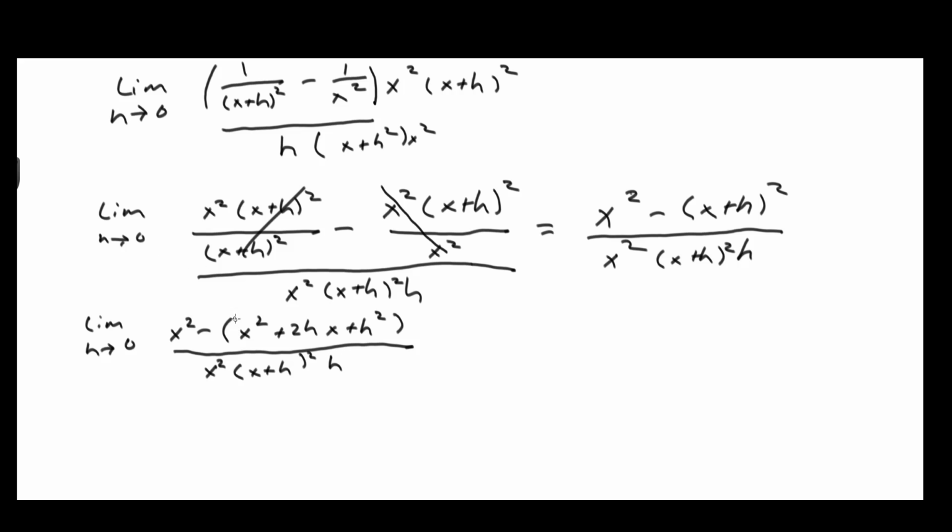So already looking at this, you can know that these x squareds will cancel. And then what you end up with is negative 2hx minus h squared, because you still have to distribute this negative sign going across.